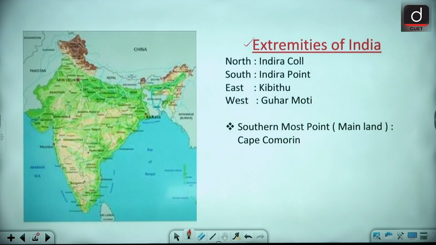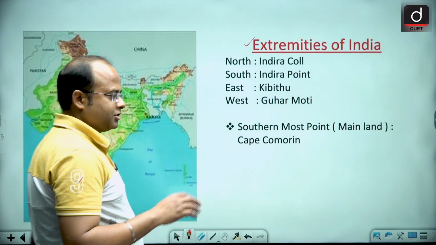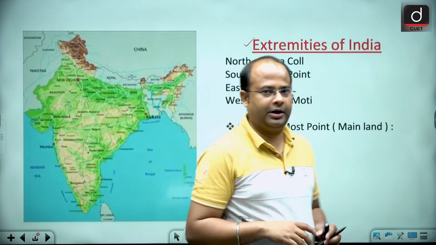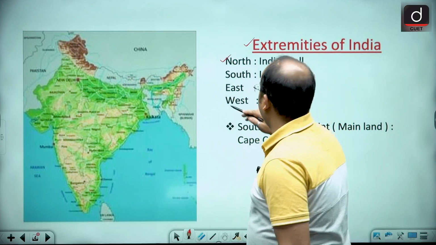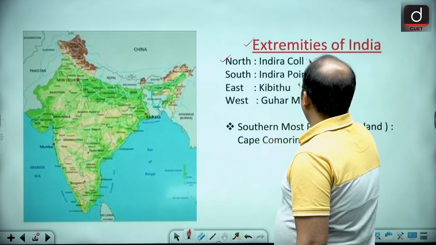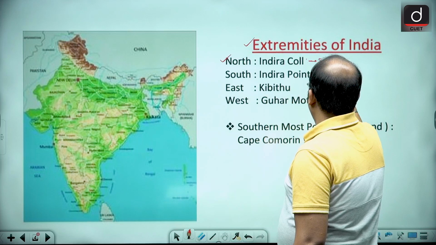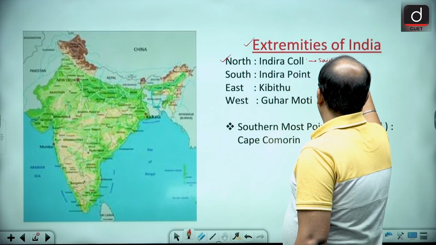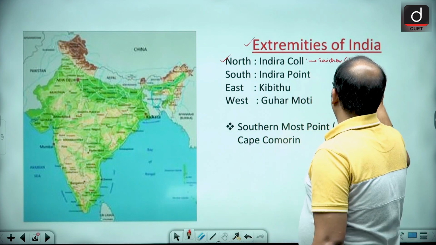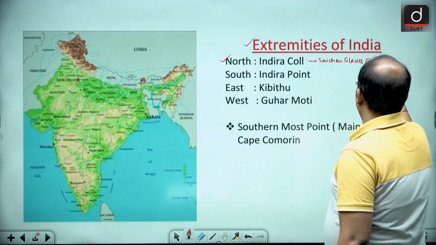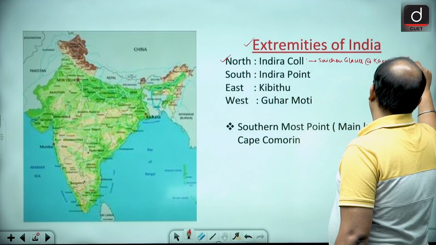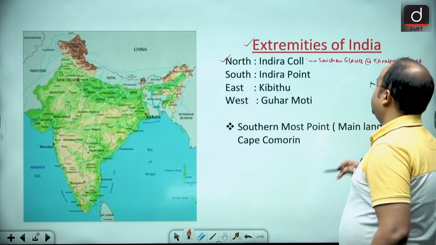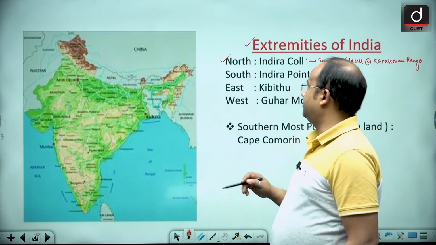On the north of India, it is Indira Col. And where is it located? It is located in Siachen Glacier, which is in the Karakoram range.